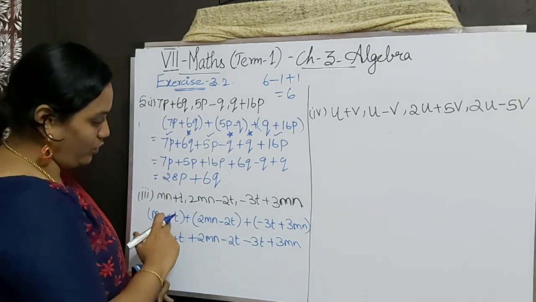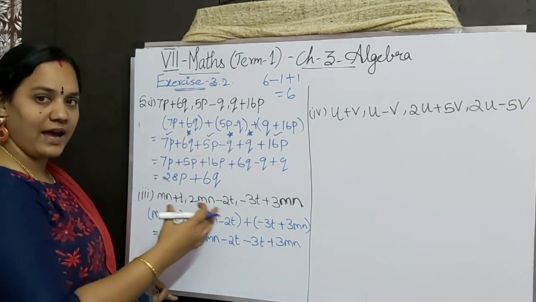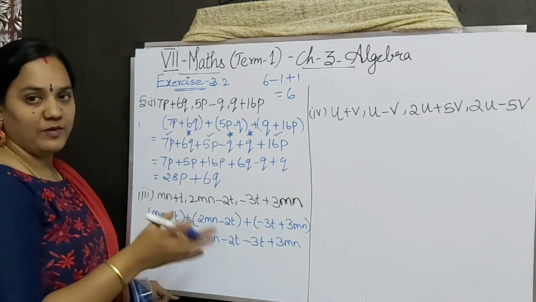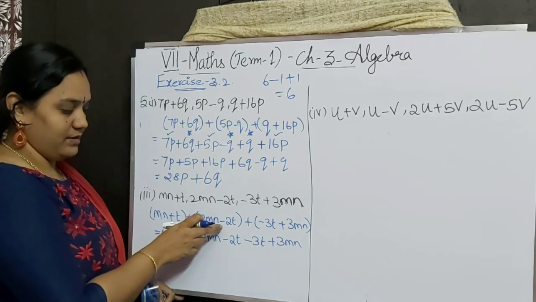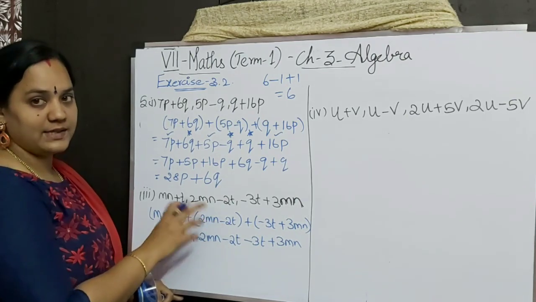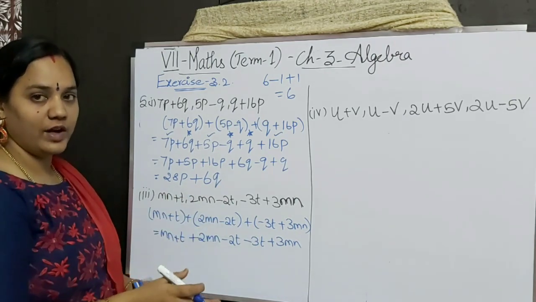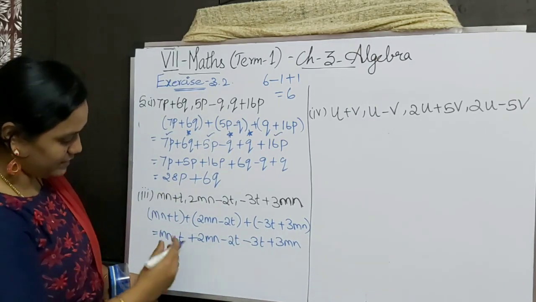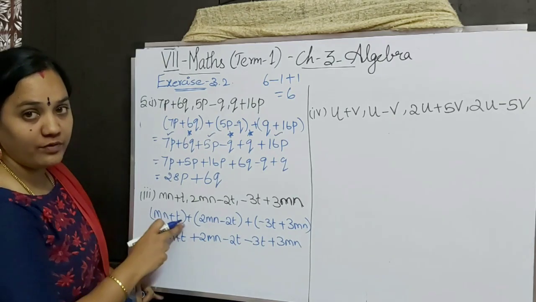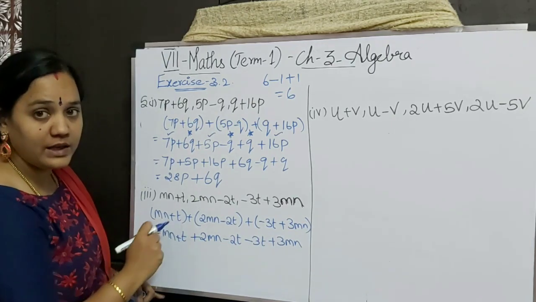If you don't want to write this step, you can directly write it for addition, but for subtraction we should definitely write the terms in brackets, then remove the bracket, and then solve. Okay, so now shall we find the like terms? We have two different variables here. mn is one variable and t is one variable.